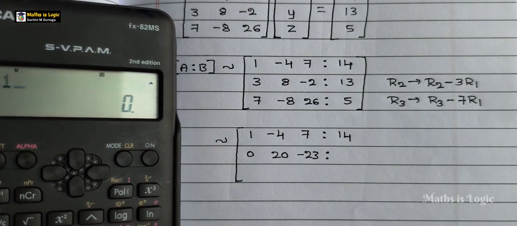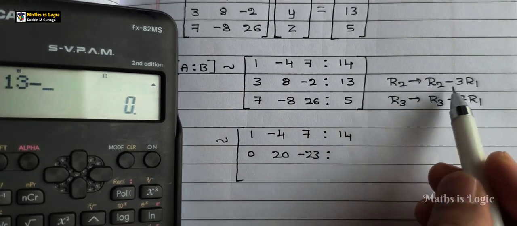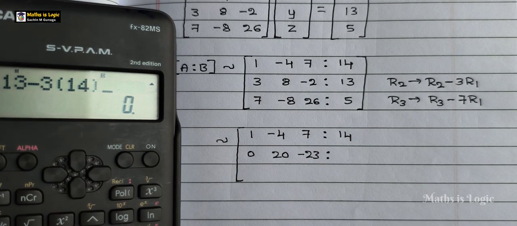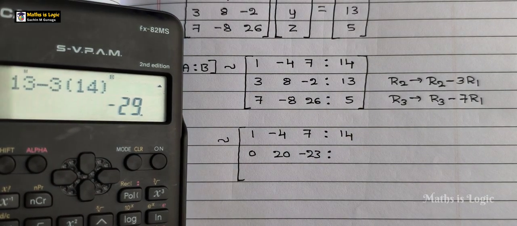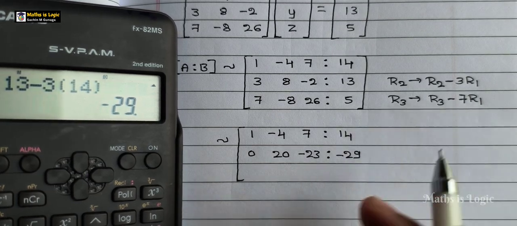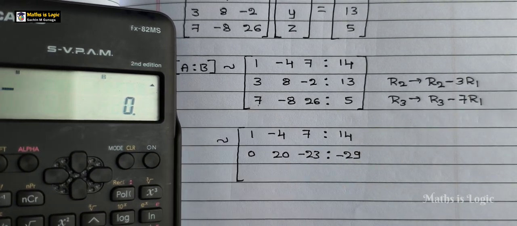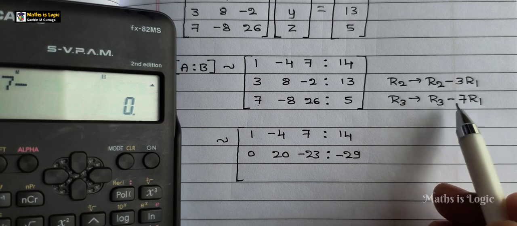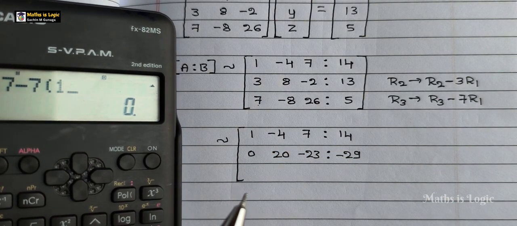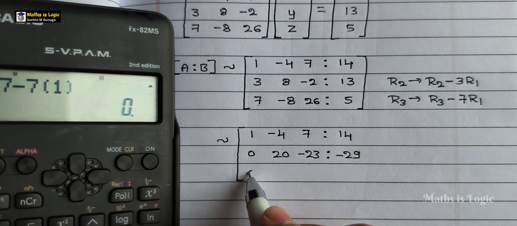Next 13 minus 3 times of 14, minus 29. Next R3 is 7 minus 7 times of R1 is 1, 7 times of 1, so it is 0.